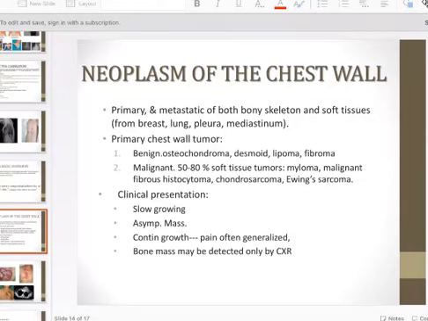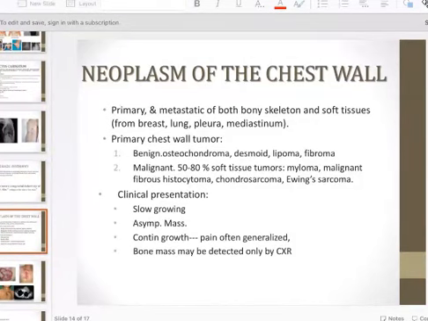Desmoid, I dislike this pathology because, although it is benign, it still has a high relapse rate. When I do surgery, it may relapse after 5 years or less than 5 years. Also, I have lipoma and fibroma. Malignant chest wall tumors affect 50 to 80% soft tissue, like myeloma, malignant fibrous histiocytoma, chondrosarcoma, or Ewing sarcoma.